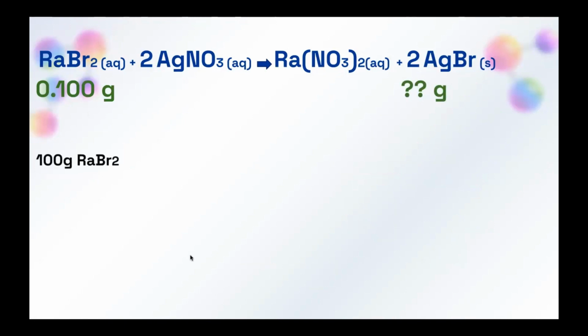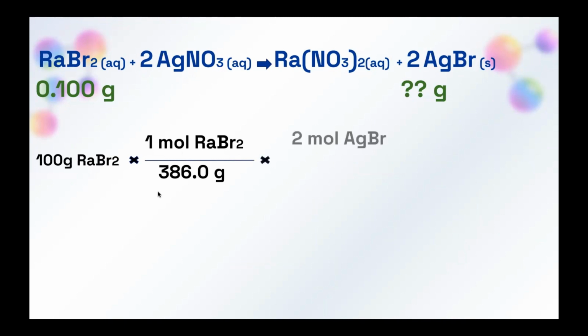So here's the stoichiometry. First 0.1 grams of radium bromide times 1 mole of radium bromide over 386. So where did I get this 386 grams? It's from the molar mass of radium bromide. And then you times that with 2 moles silver bromide over 1 mole radium bromide.